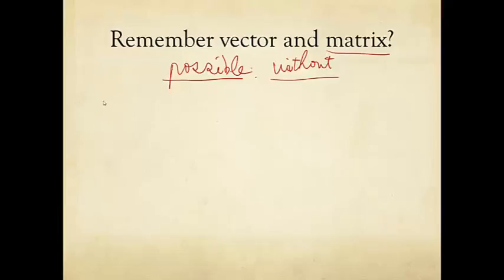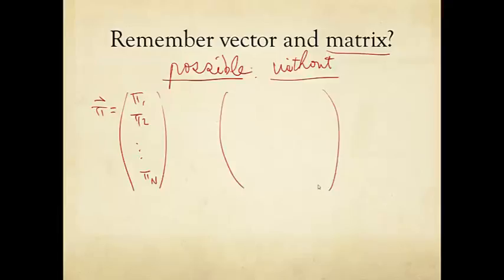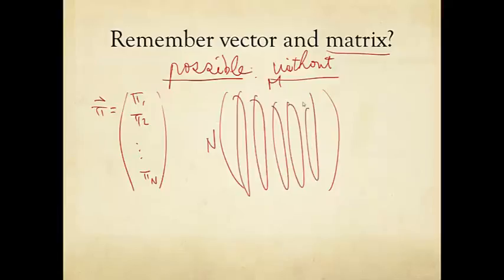All right. So we have been using vectors quite a lot, right? This vector pi is a vector, and by convention, a vector is a stacked up column: pi 1, pi 2, pi n, say pi 100. And what's a matrix? Well, a matrix is really, in general, an object with, say, n rows and m columns. So we can think of that as many vectors arranged in parallel, or we can think of that as many rows stacked up.